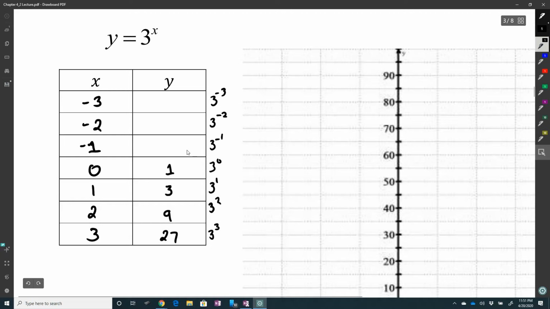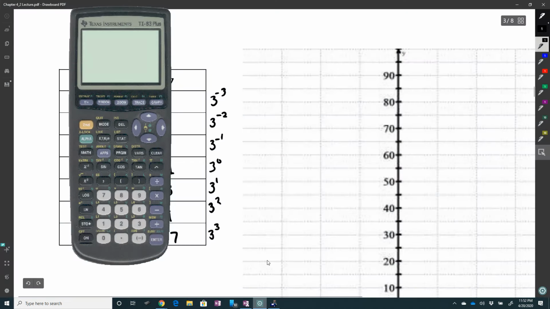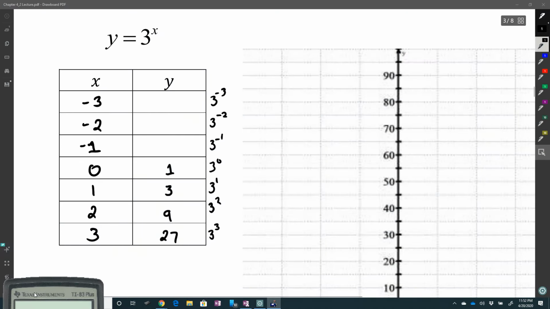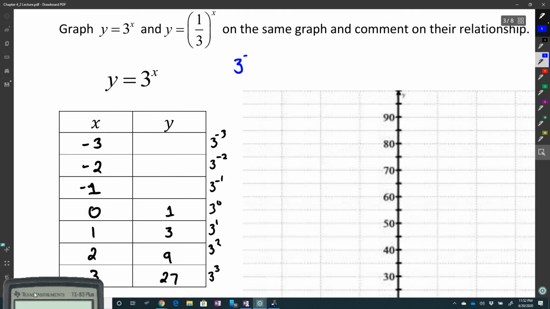Okay, I go the other way. 3 to the negative 1. Now again, you can use your calculator. You don't have to though. 3 to the negative 1 is the same as 1 over 3 to the 1.